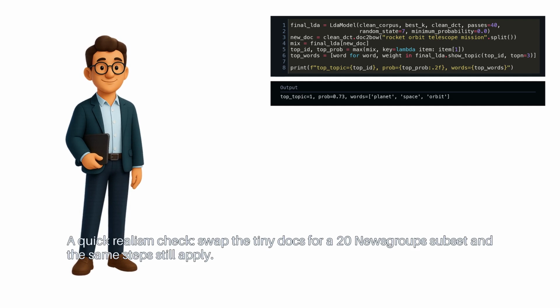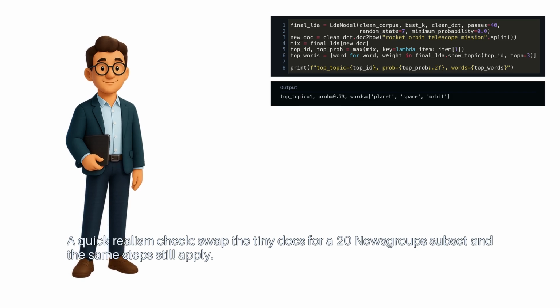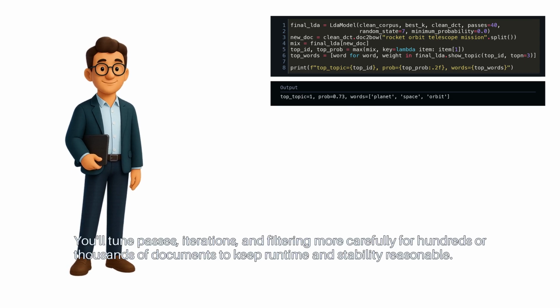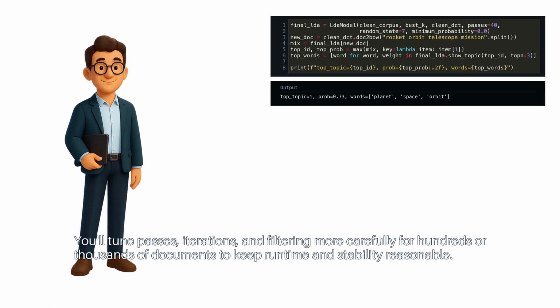A quick realism check. Swap the tiny docs for a 20 newsgroups subset, and the same steps still apply. You'll tune passes, iterations, and filtering more carefully for hundreds or thousands of documents to keep runtime and stability reasonable.